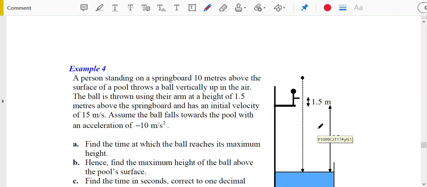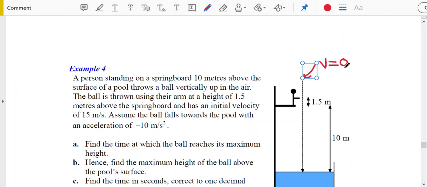So when the ball reaches its maximum height, the velocity is going to be 0. So right at the top of this problem, when the ball reaches its maximum height, the velocity is 0 because it's instantaneously at rest. It stops and then falls.